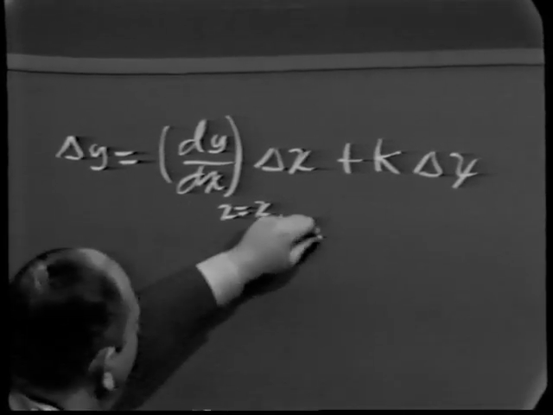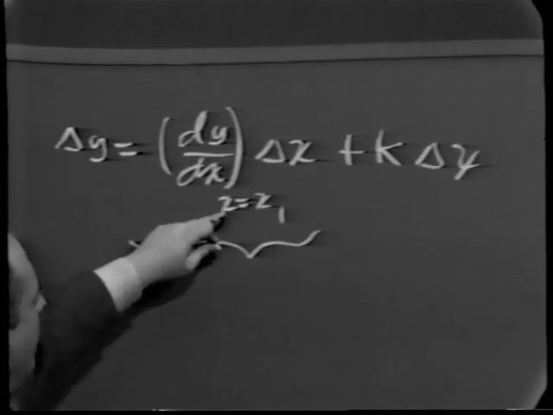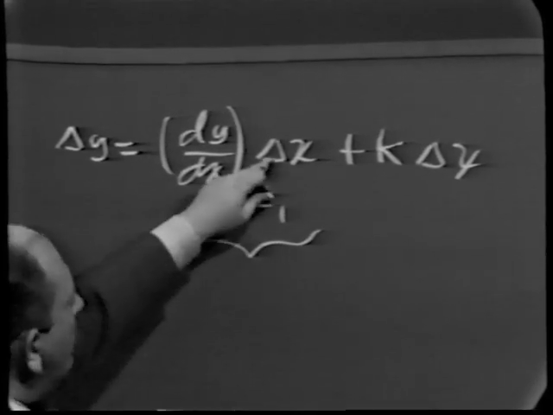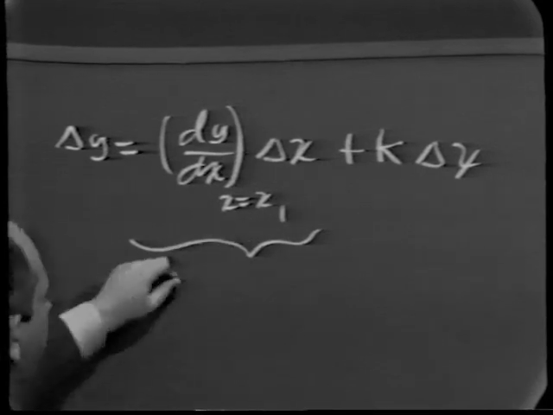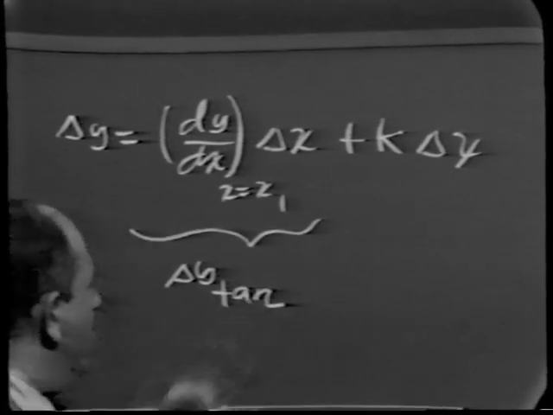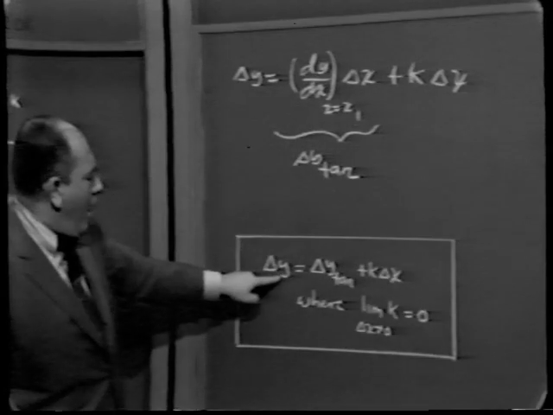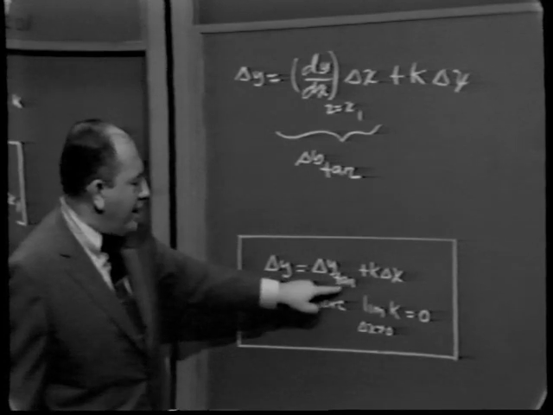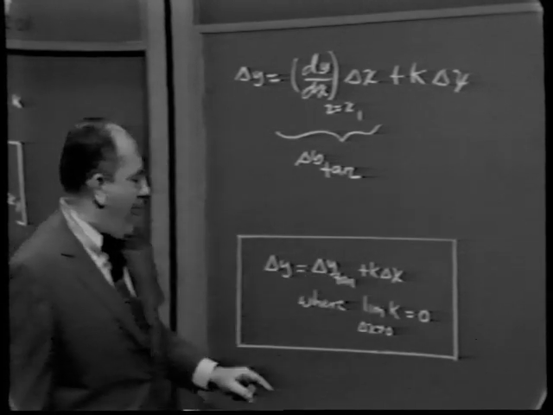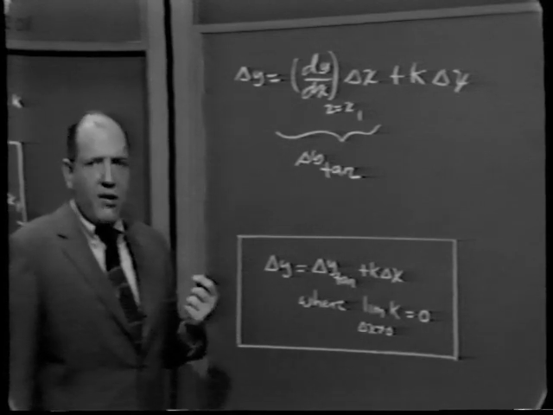Now, if I keep in mind here that if I take the slope at a particular point and multiply that by the change in x, that's precisely what we define to be delta y tan. If I put this all together, I get what? That delta y is equal to delta y tan plus k delta x, where the limit of k as delta x approaches 0 is 0.